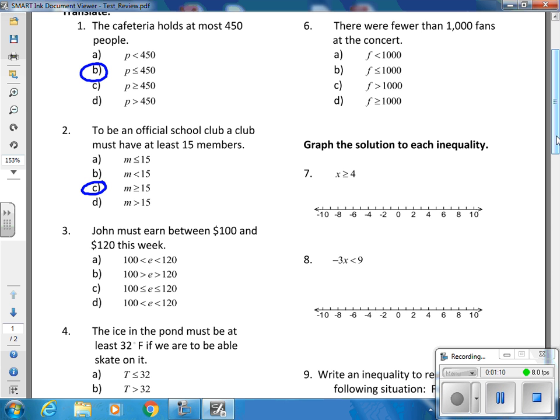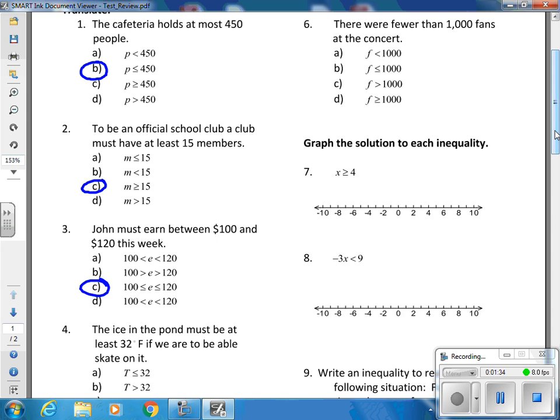So focus on the 120 part first, right? It has to be less than or equal to that 120, and there's only one of them that has it. So once you figure out that one, then the other one falls into place. Right? So there's only one answer that has those pieces. Remember, in these types of inequalities, the signs have to be facing the same direction. Okay, they cannot be in reverse.